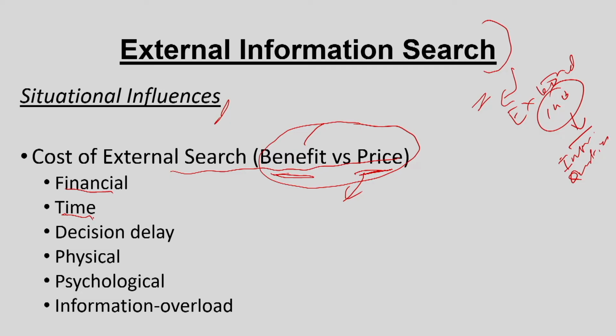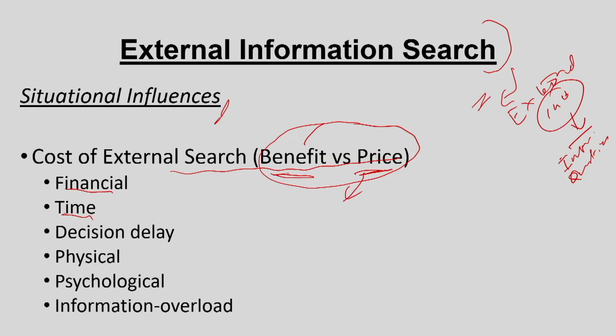Also, one of the costs that the consumer has to incur in getting external information is something called time cost. At times, in certain situations, you have to invest your time into getting information, and when the time that you're investing is beyond what you can devote, in those cases the time cost is very high. There is also something called decision delays.